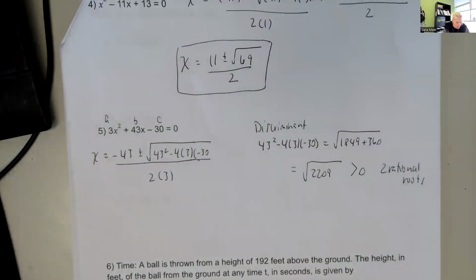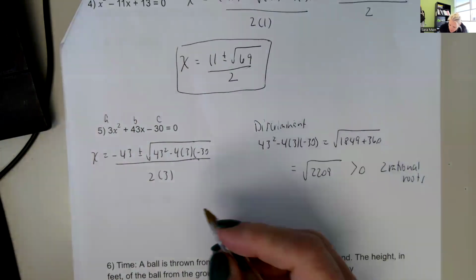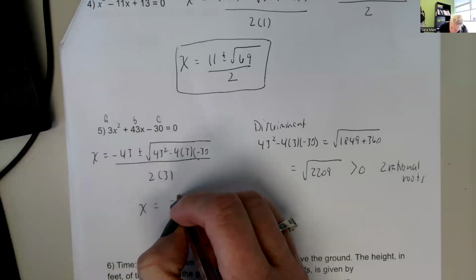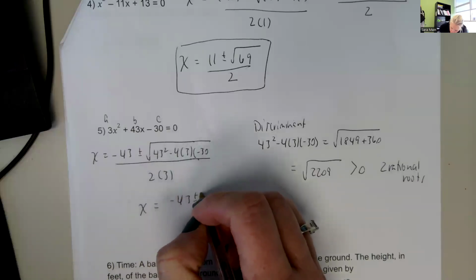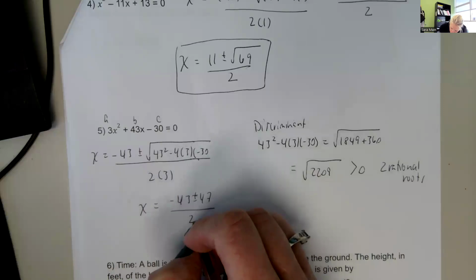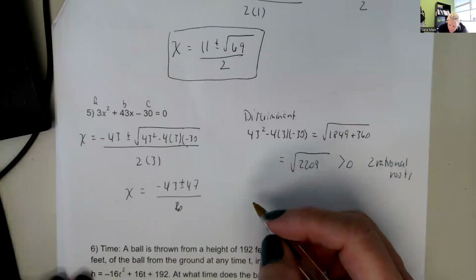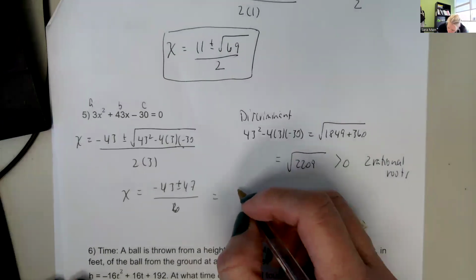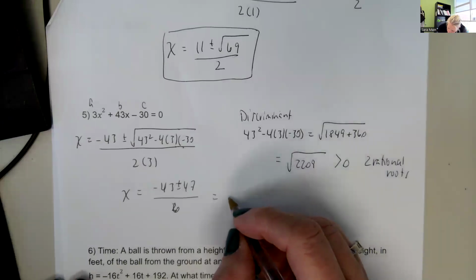And we know from the prior page that the square root of 2209 is 47. So x is going to be a negative 43 plus or minus 47 over 6. And so that will be 2 possible answers.